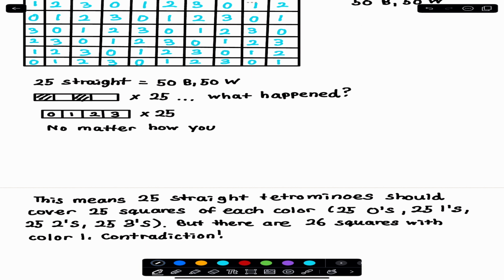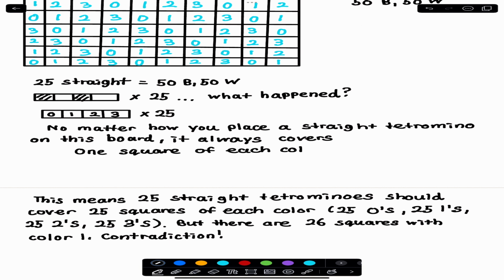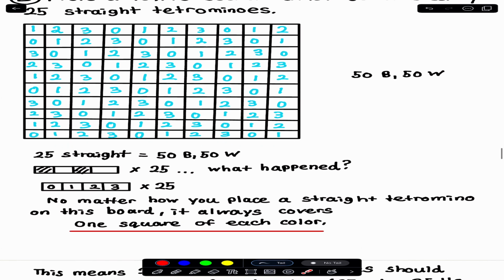I already talked about this, but I want to actually spell it out. So there we go. I've included this very important step because this is a very key component to the solution.